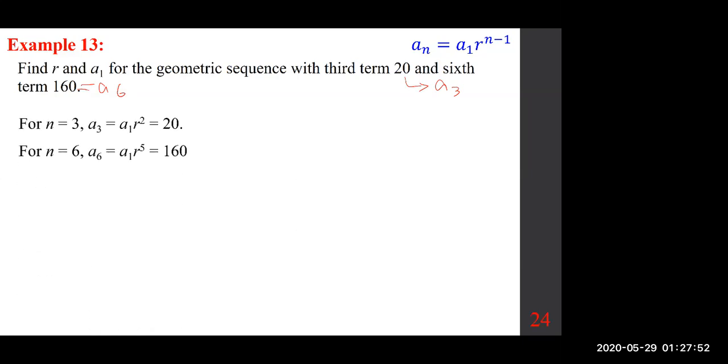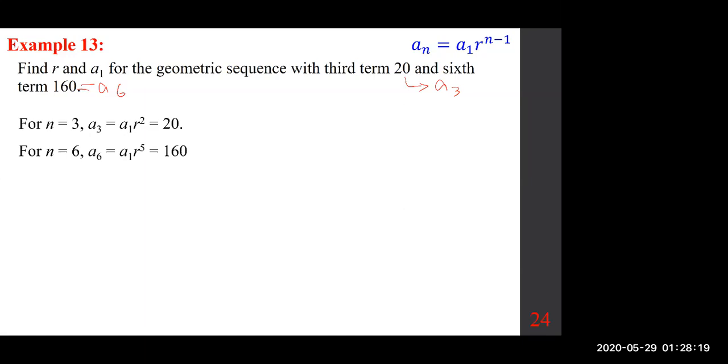When we write it, here's what happens. For n equals 3, a sub 3 is a sub 1 r squared. For n equals 6, a sub 6 is a sub 1 r to the power of 5. And we know what they are equal to. Very straightforward.